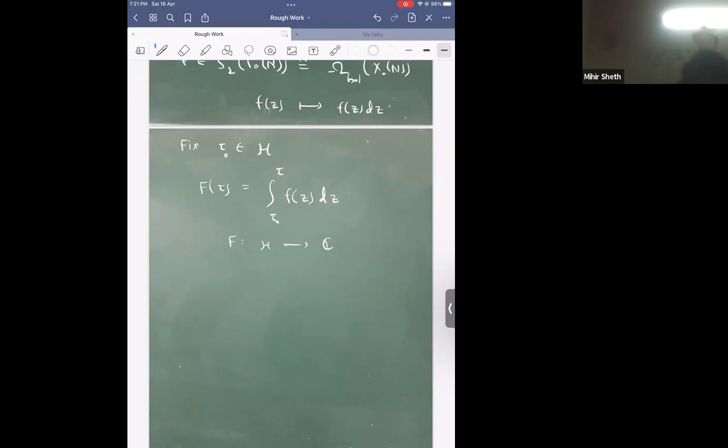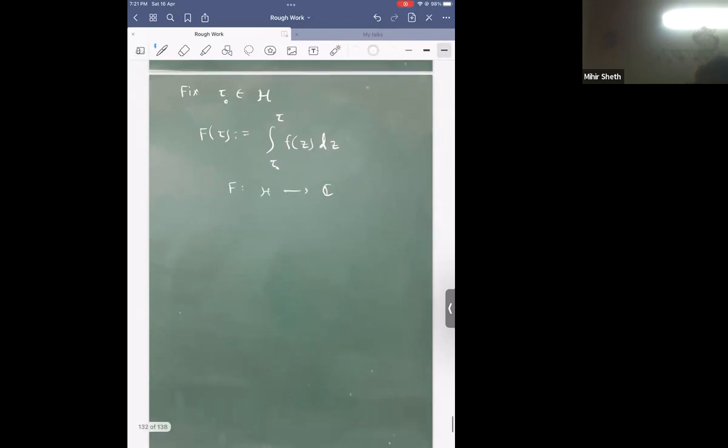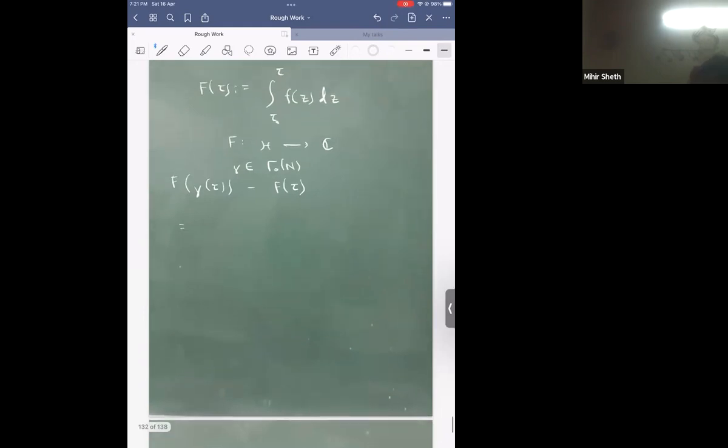Defined as above. Now let's look at F(gamma tau) minus F(tau), where gamma is in Gamma_0(N). So what is this? It is the integral from tau_0 to gamma tau of f(z) dz minus the integral from tau_0 to tau of f(z) dz.